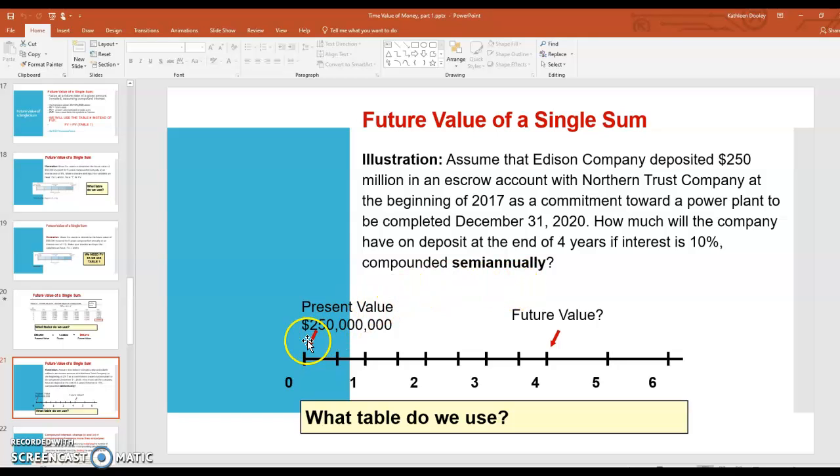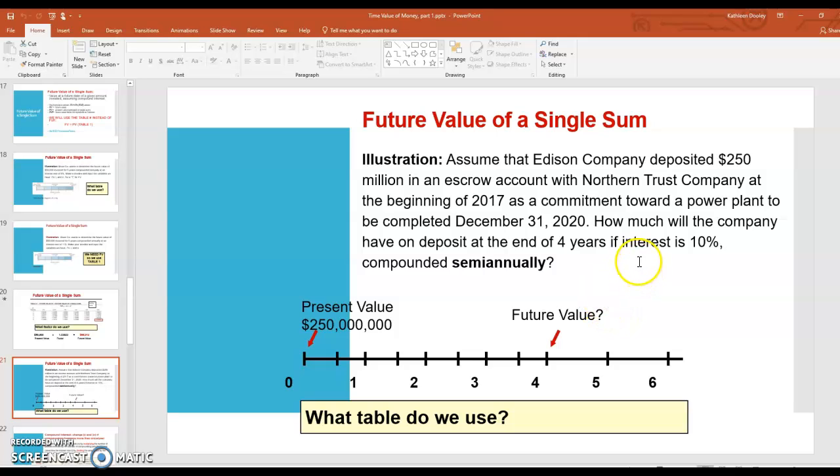So in our timeline, the present value is the $250 million we're putting in now. We want to know how much we will have at the end of 4 years. So again, what we want to find out is future value. So it has the question mark.